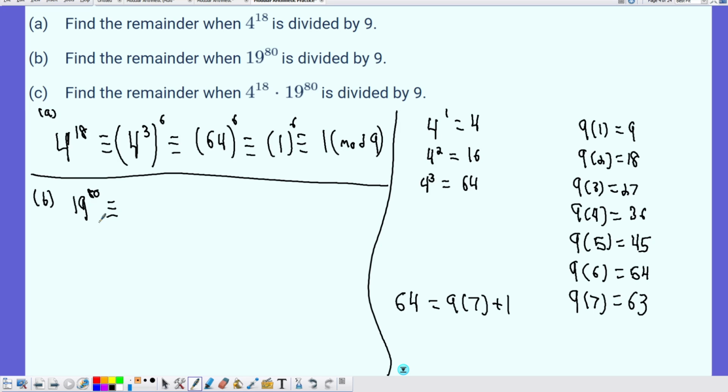So that means that if I added 1, we would have that 19 is equivalent to 9 times 2 plus 1, a remainder of 1. So this is really just 1 to the 80th power, which is just equivalent to 1 mod 9.